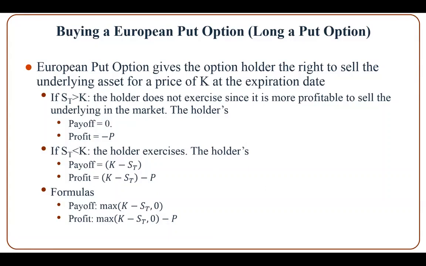If the asset price is greater than the strike price K, the holder does not exercise because it's more profitable to sell the underlying asset in the market, and the holder's payoff is 0, and the profit is negative P. If the asset price is less than K at maturity, the holder exercises, and the holder's payoff is K minus ST, and the profit is K minus ST minus P. And the formula for the payoff is max of K minus ST and 0, and for profit is max of K minus ST and 0, minus P.